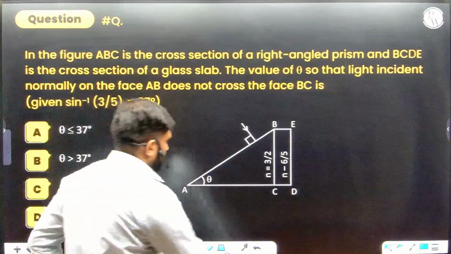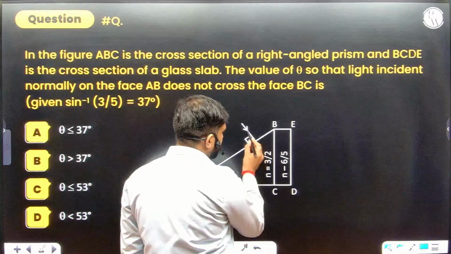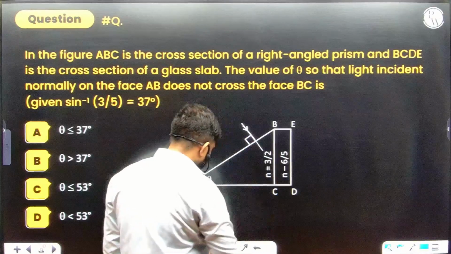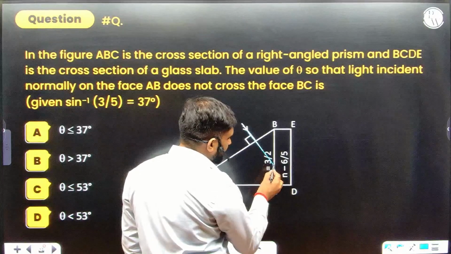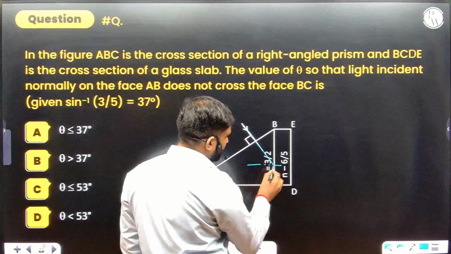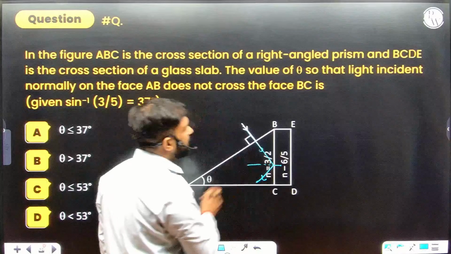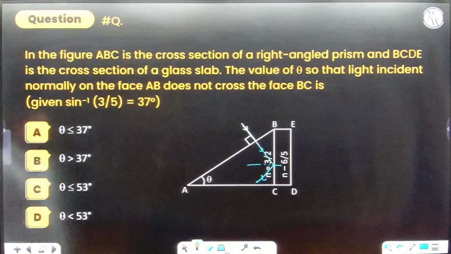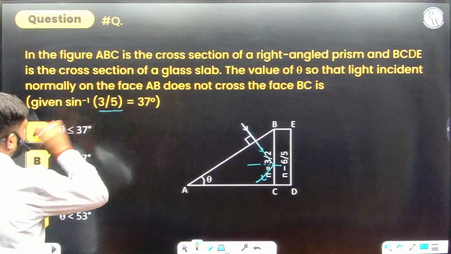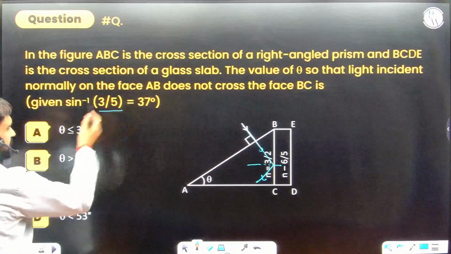If the light is not crossing, that means it's suffering TIR. They are asking the value of theta for which this doesn't happen, so I need to get the range. They have given sine inverse 3 by 5 is 37 degrees, which we know.